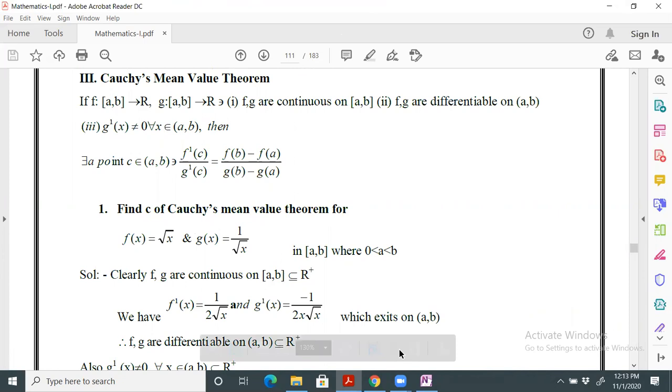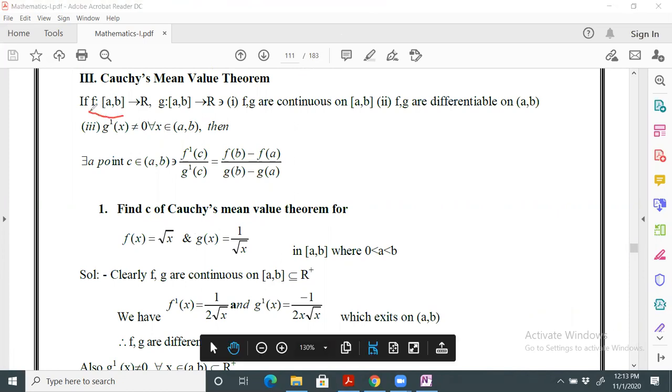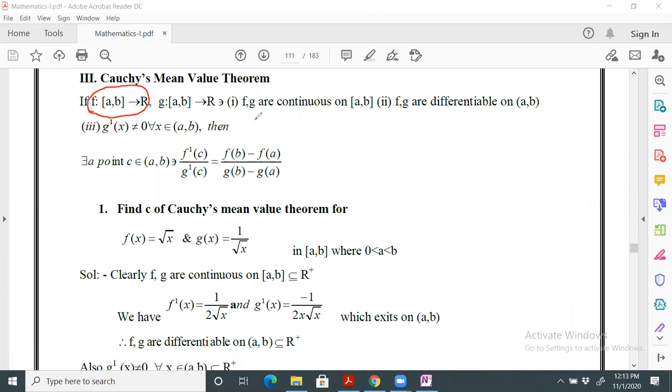Assume f is a function from the closed interval a comma b to R, f is continuous and f is differentiable. Taking one more function g, g is also continuous and differentiable. Then the third condition is g dash of x is not equal to 0 for any x.